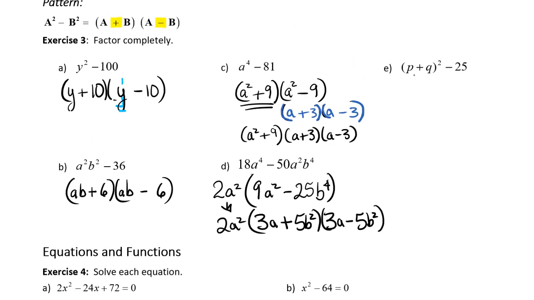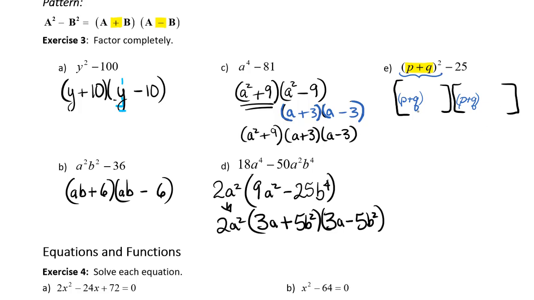Now this last term looks a little tricky, but just think of p plus q in the grouping symbols raised to the second power as one term. P plus q as one term. So we have p plus q squared minus 25, and I'm going to keep that p plus q grouped inside parentheses. I'll write this as two factors, with p plus q in parentheses as my term in both binomial factors.